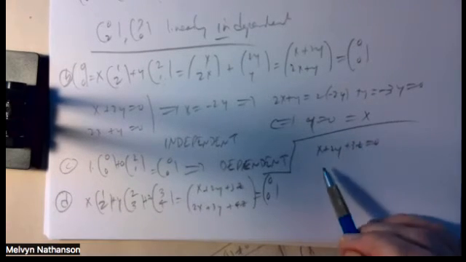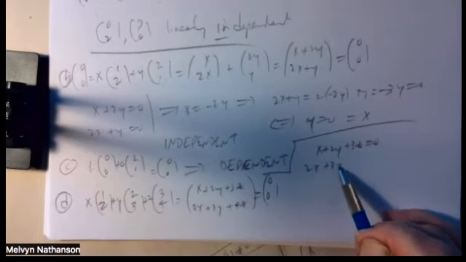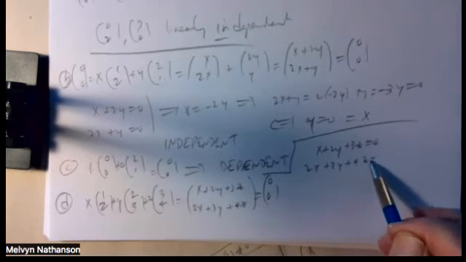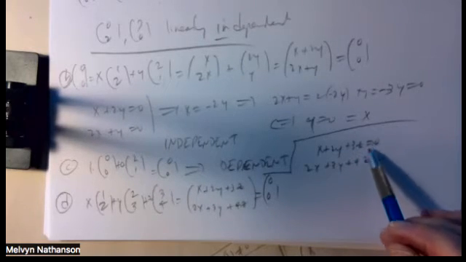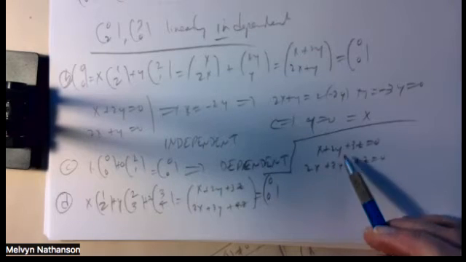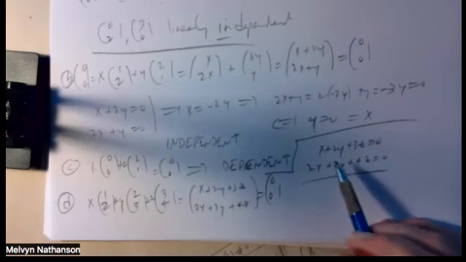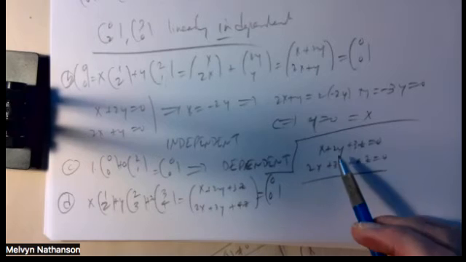Which means we're solving two equations and two unknowns. x plus 2y plus 3z equals 0. 2x plus 3y plus 4z equals 0. You multiply the first equation by 2 and subtract the second from it, you would get 2x minus 2x, 4y minus 3y, 6z minus 4z.